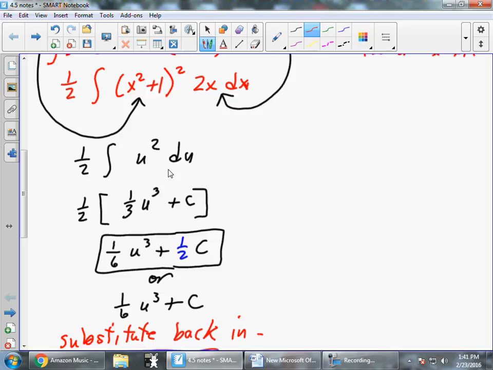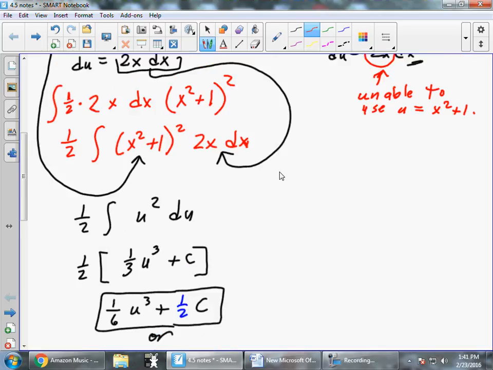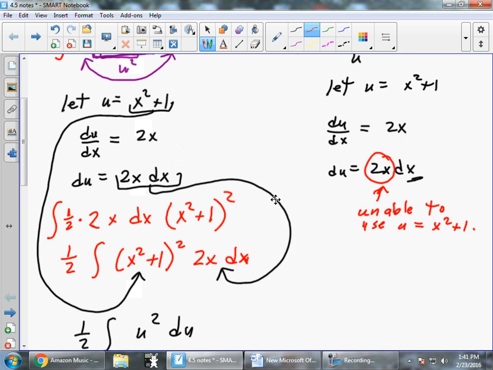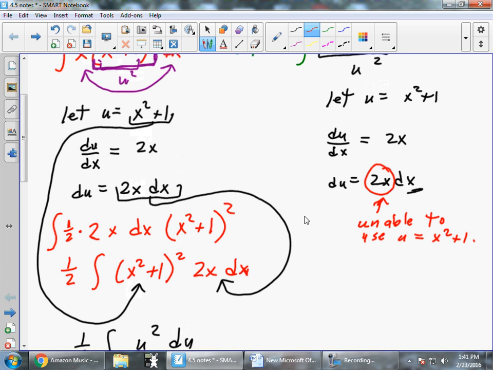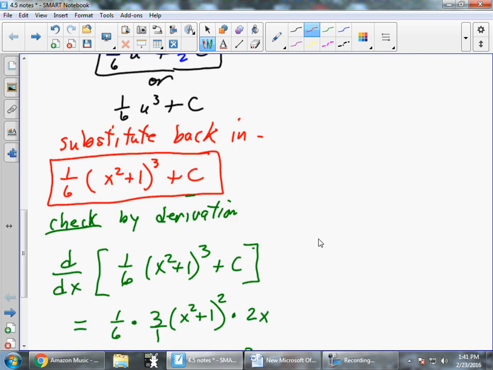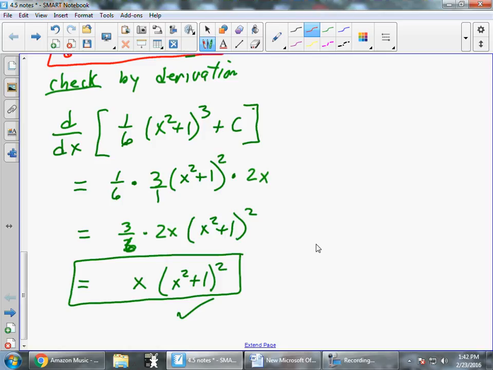Got to be able to express it in terms of u and du only, without any other variables. So that's why. Correct. So that won't work.